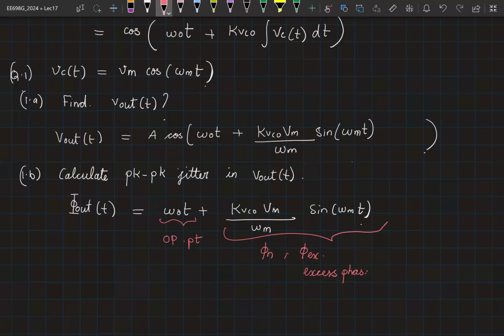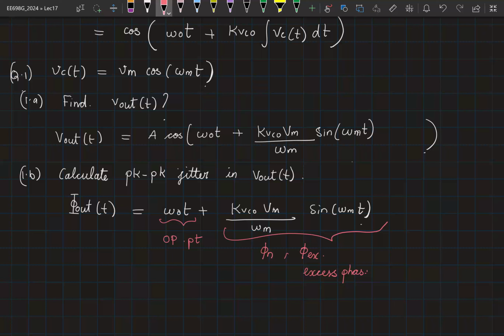And the reason why sometimes we don't call this phi n is when you have an oscillator like this, you might intentionally vary the Vc to obtain certain modulation at the output. This is not noise, this is very intentional. So then you can call it an excess phase, or you might even call it small signal phase, etc. But typically you either call it phase noise or simply the excess phase.